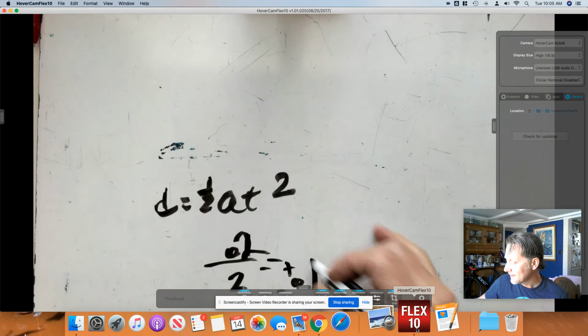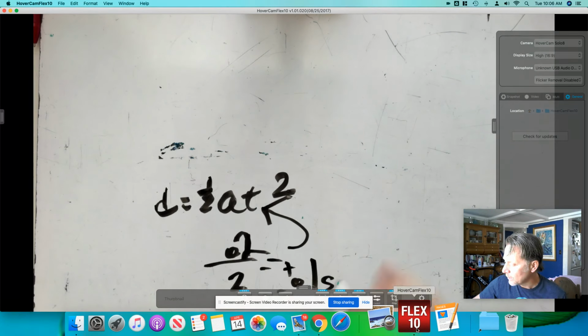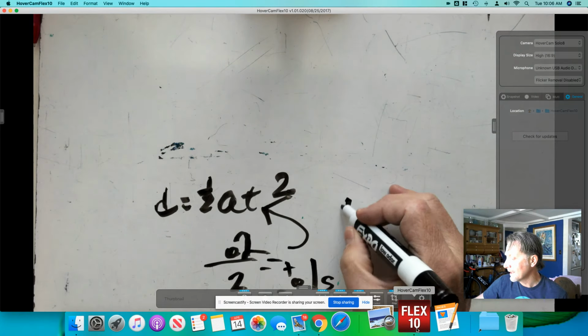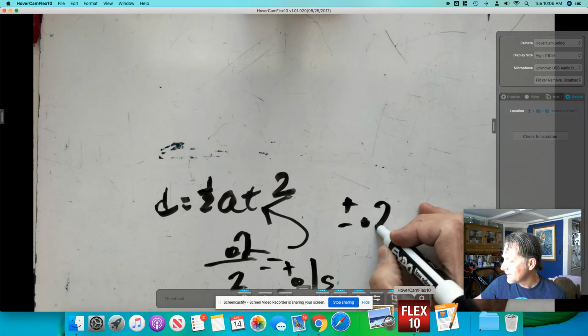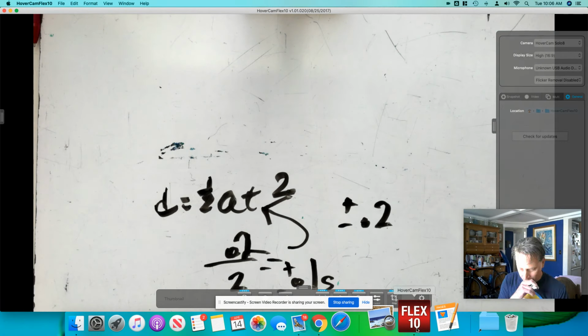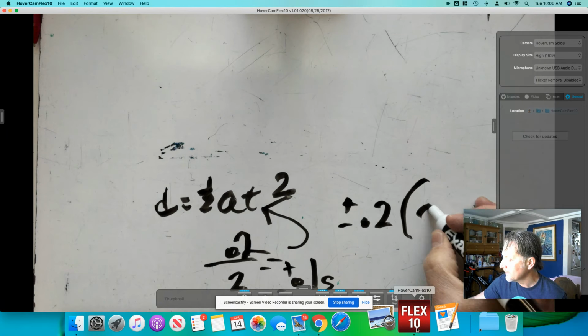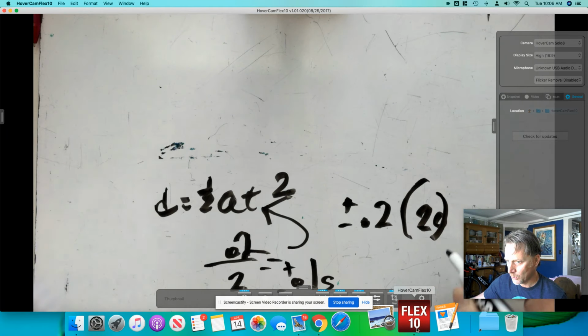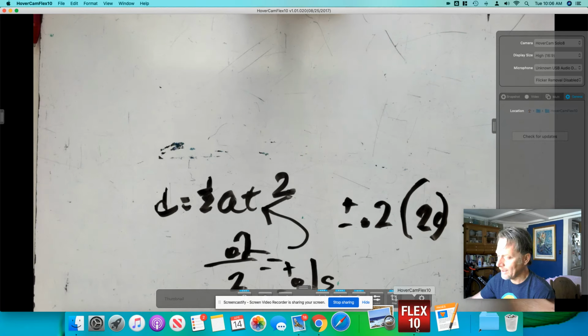And because that gets squared right there, that uncertainty is going to double. So we have plus or minus 0.2 seconds. And if we look at that plus or minus 0.2 compared to the total time, which was 20 in this case, what we end up with is plus or minus 4 meters right there.